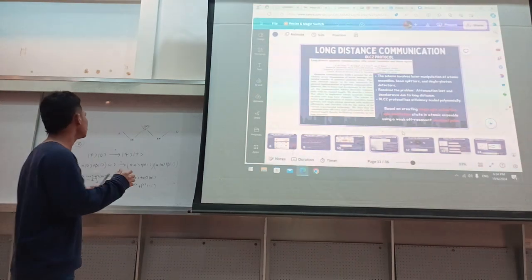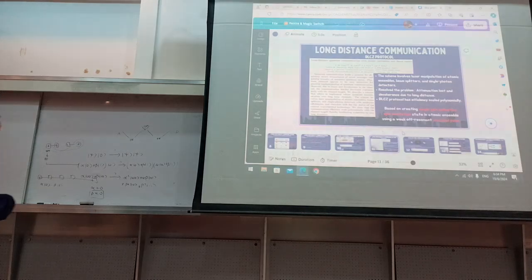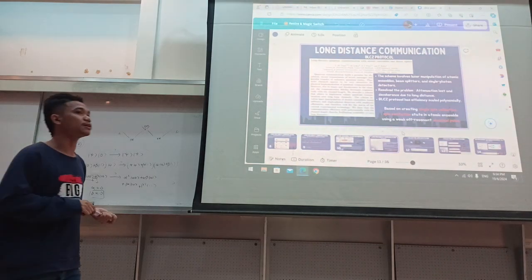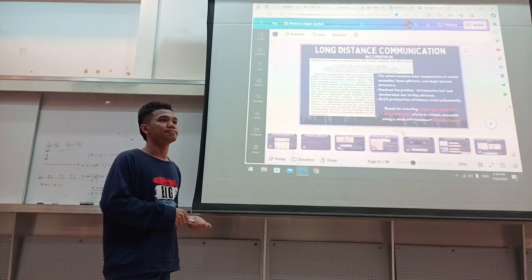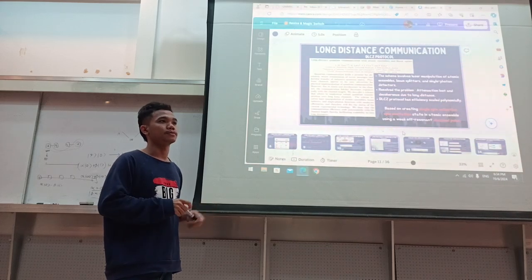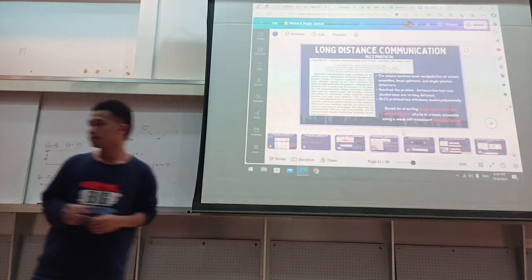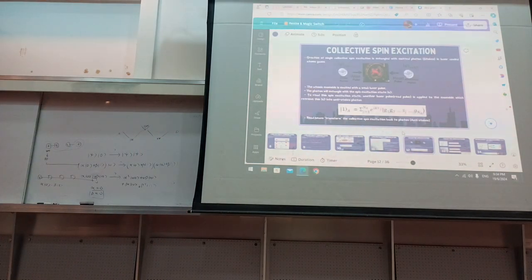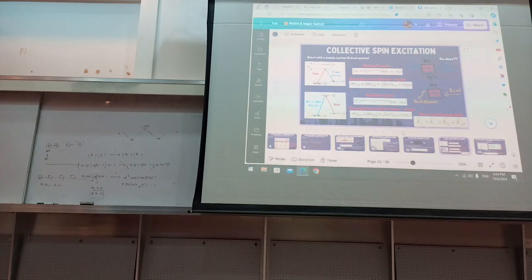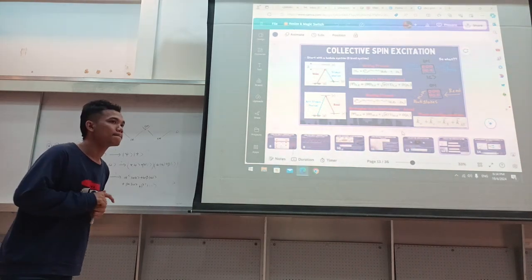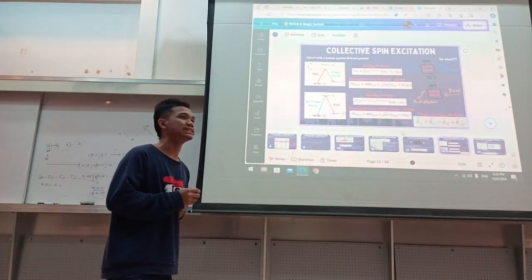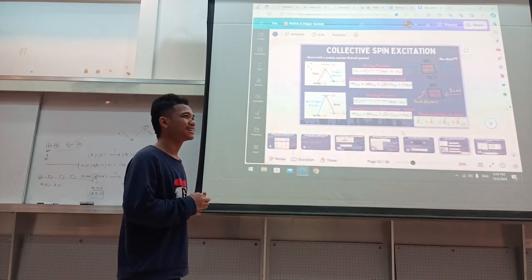Because that's a requirement to create the entanglement between the ensembles A, B, and C, D, and then swapping. So that's my understanding so far. So basically, this scheme is to create entanglement swapping. Right? That's from my understanding.